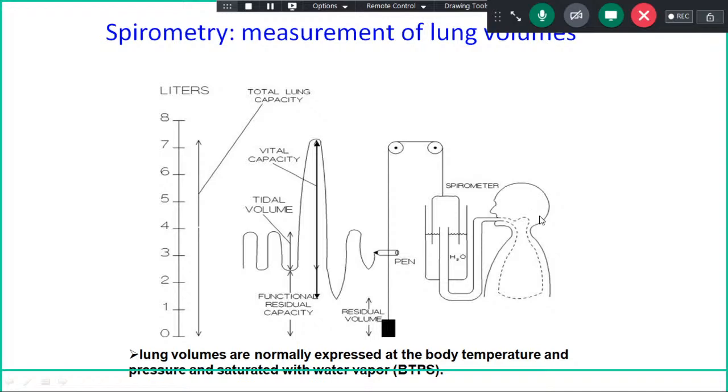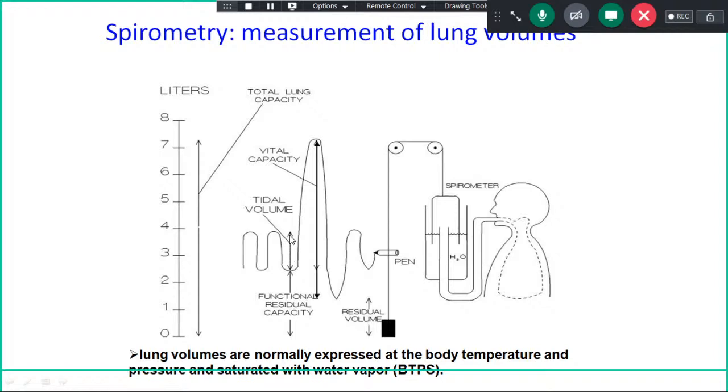The person on the right is connected to a water seal spirometer. Here we have a CO2 absorber also, so that CO2 does not rise in the system when he is breathing through it. The pulley will connect to the pen, and then finally the recording comes like this, which is shown.